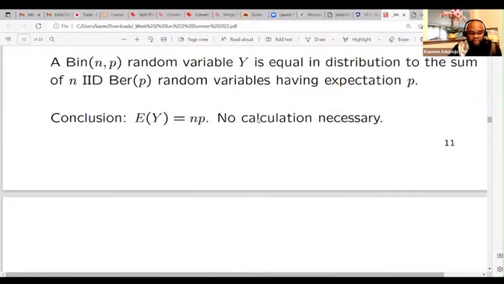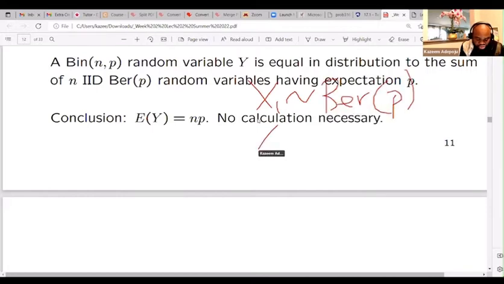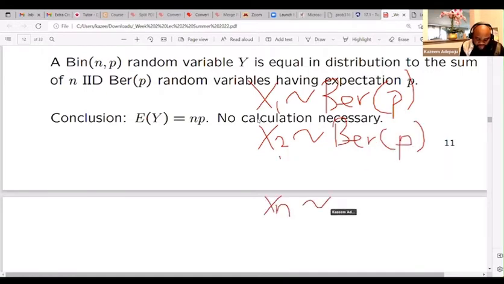Now going into the Bernoulli situation, of course, we established that yesterday that when x1 follows a Bernoulli distribution with a parameter p, and x2 also follows a Bernoulli distribution with a parameter p, until you get to xn, which follows a Bernoulli distribution with a parameter p.